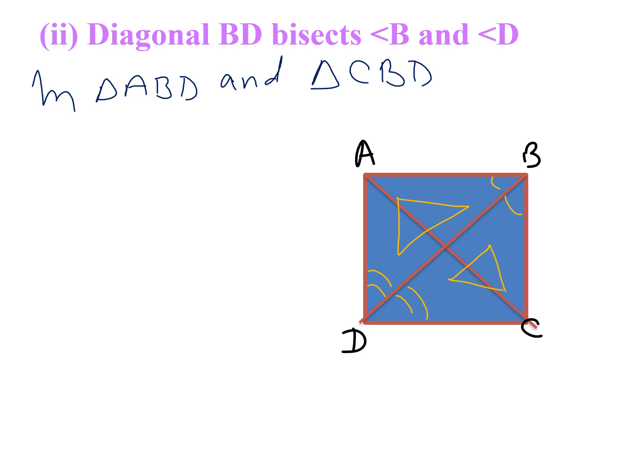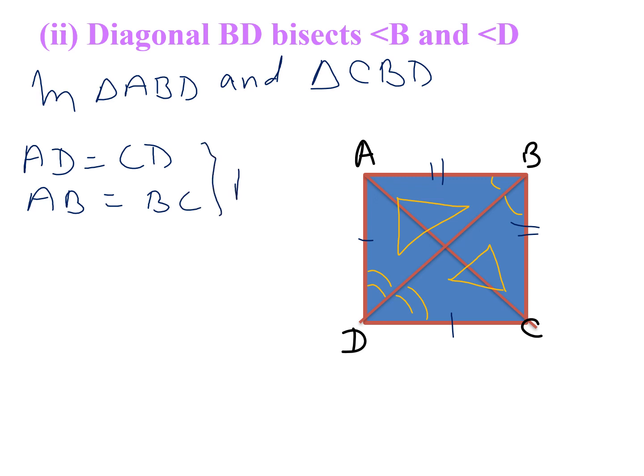We can write AD is equal to CD and AB is equal to BC, which is already proved in the first part, and side BD is common in both the triangles.